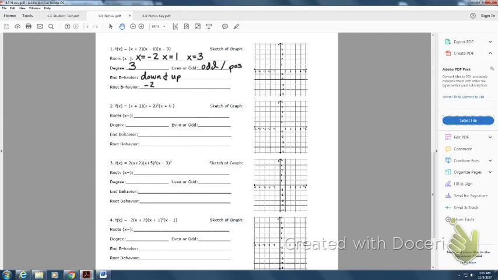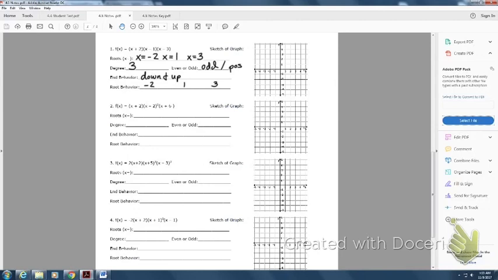Now the root behavior. Okay, so that's the cross, the twist, or the bounce. All of these are going to do what? This is where you have to look at the degree of each individual factor. Yes, the whole thing is cubic, but it's comprised of 3 different linears, so they're all going to cross.